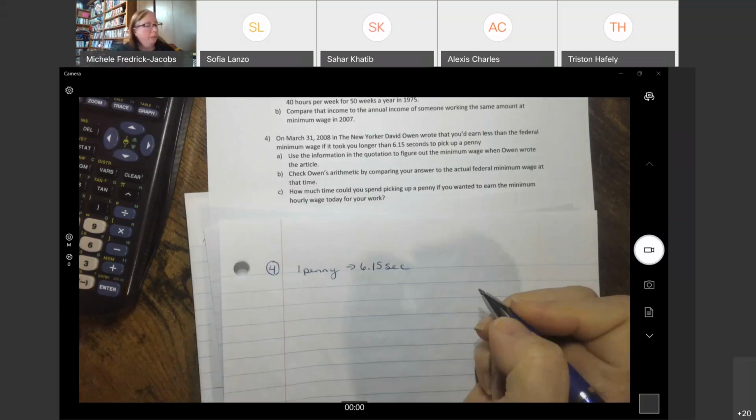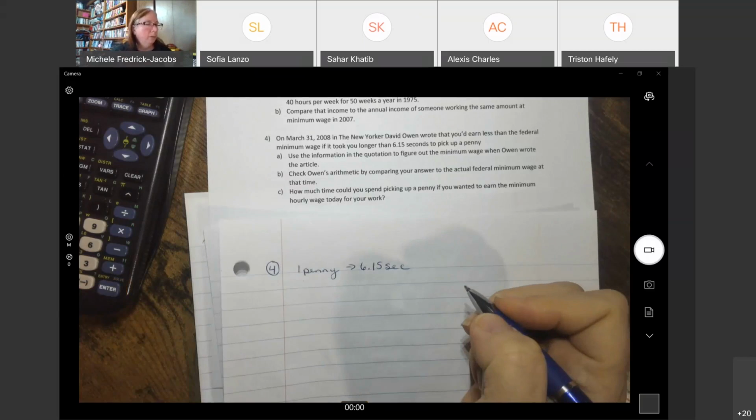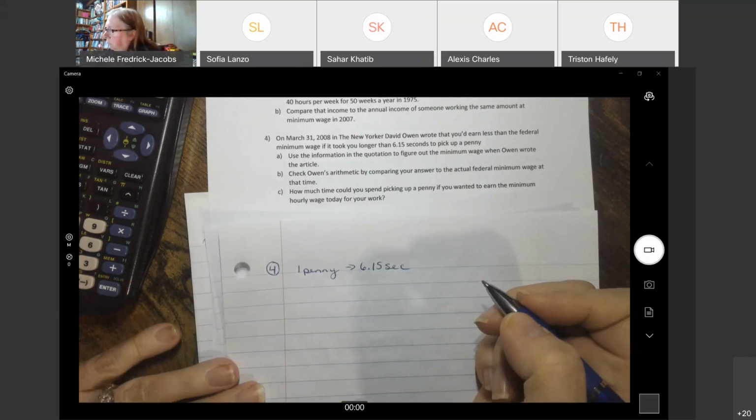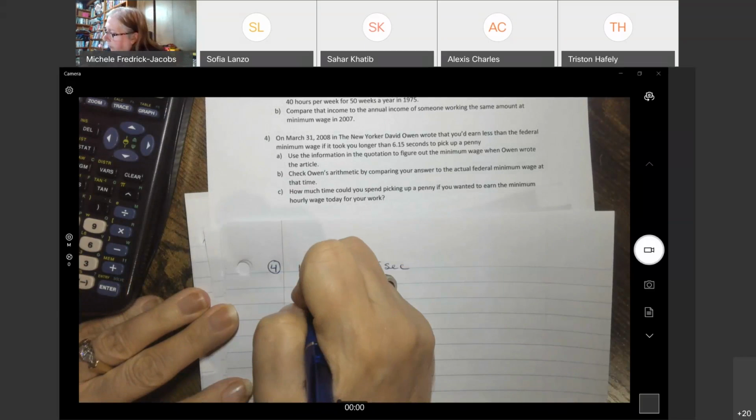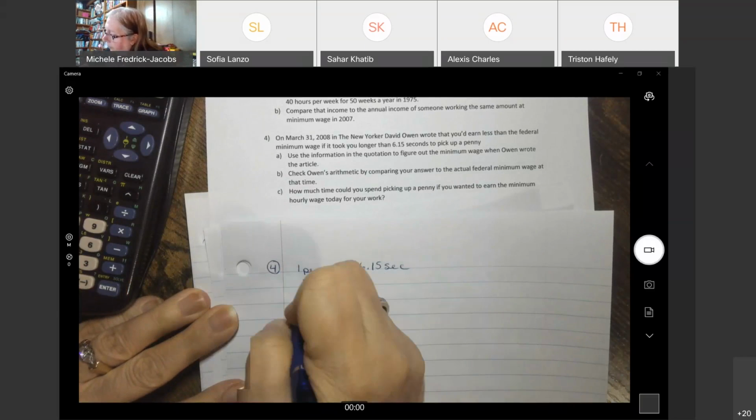Should we keep it in cents or should we do dollars? I think we're going to be multiplying and the number is going to be bigger, so we will have to get to dollars, but that's up to you. We could stick with 1 cent first.